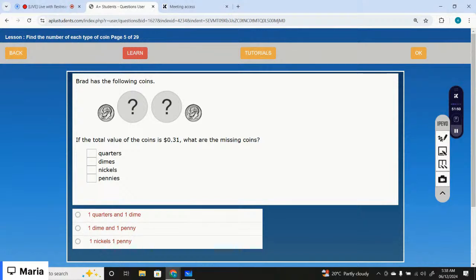Brad has the following coins. If the total value of the coins is 0.31, what is the missing coin?